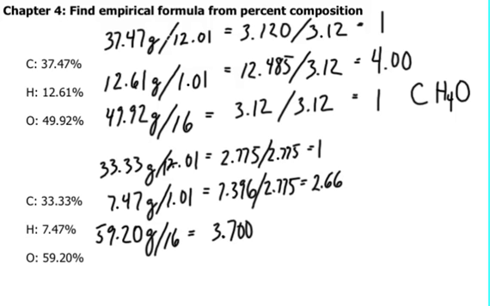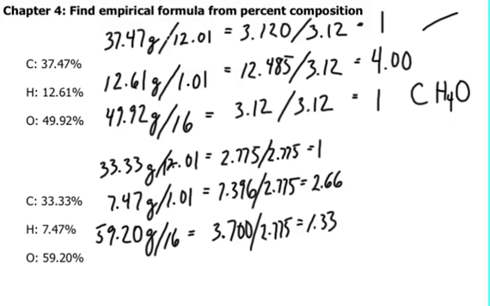Okay, so that's not a nice integer, which is why this problem's a little bit more interesting. And 3.7 divided by 2.775 equals 1.33.